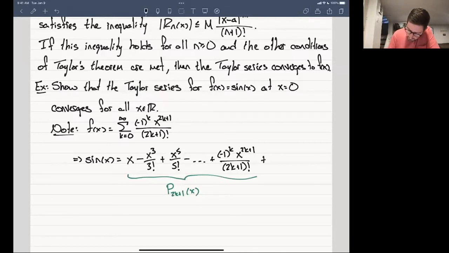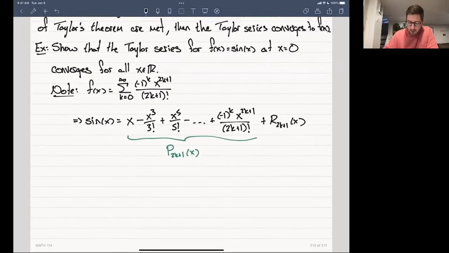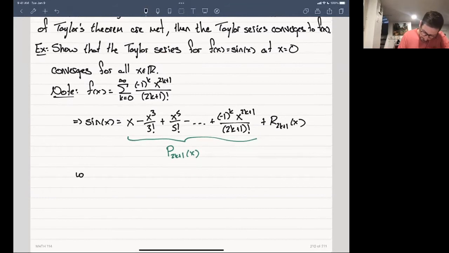And then the remainder here, R 2k plus 1 of x, is equal to, now this is going to be the 2k plus first derivative evaluated at some c divided by 2k plus 2 factorial.